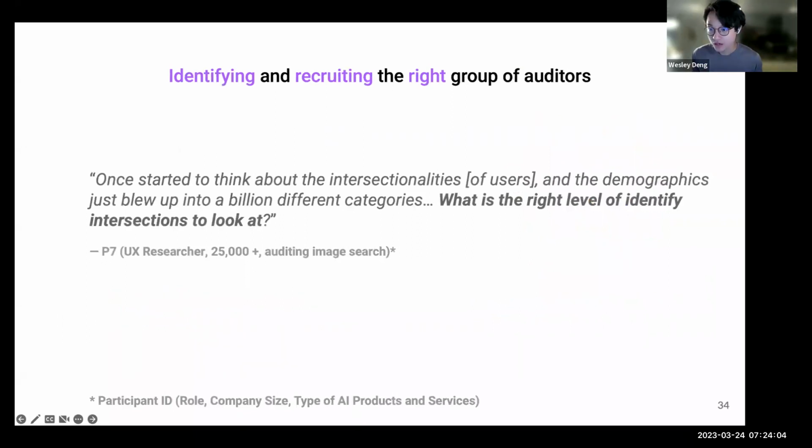To this end, participants share challenges around recruiting and incentivizing the right group of auditors with relevant cultural backgrounds, lived experience, and perspectives. P7 shared their struggle around identifying the right level of identity intersectionality of users to look at when they were conducting image search.